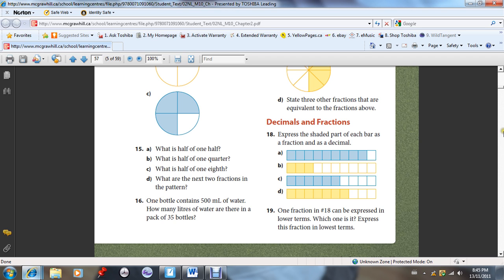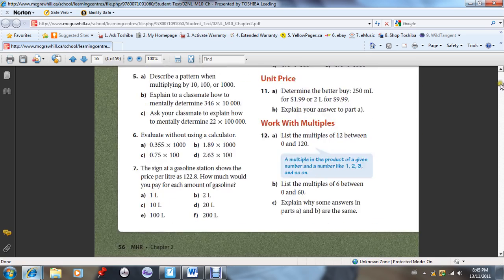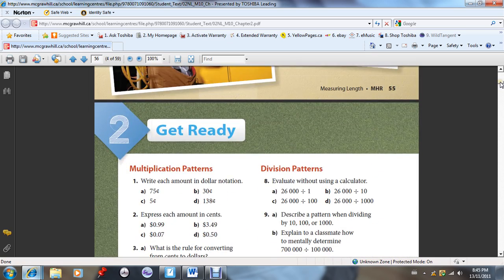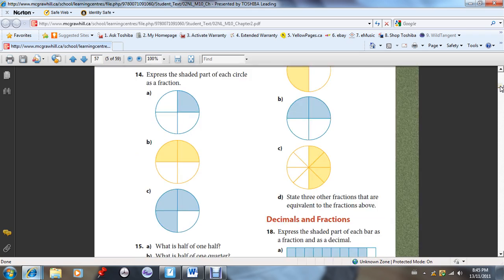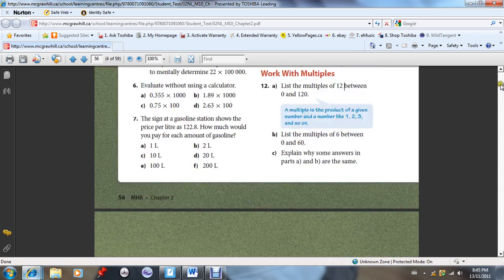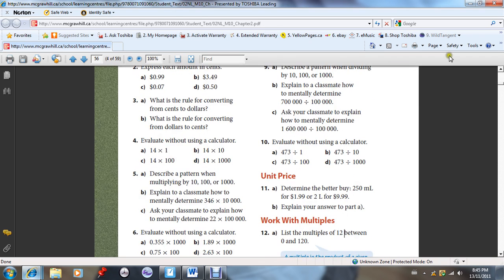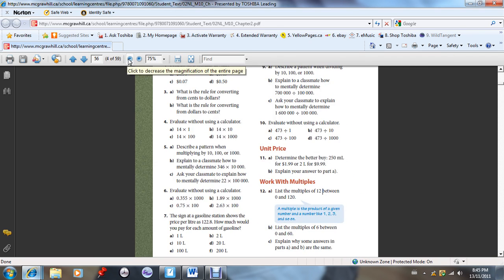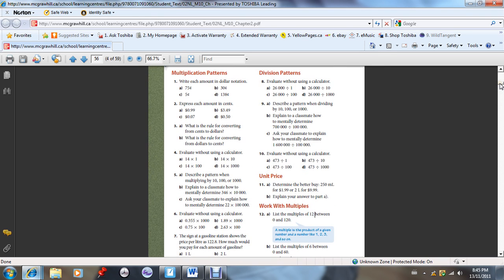Alright, so here's the dealio. What I want you to do right now for the rest of this period is work on pages 56 and pages 57. If you don't have a book, you can pair up with somebody. If not, all you need to do is come up here and simply pause it right here and do these questions.